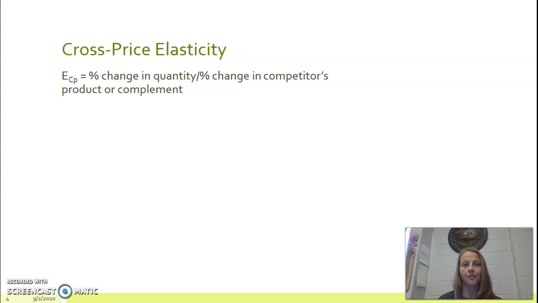We can also look at something that is called cross-price elasticity. And this looks at what is the change in quantity demanded if a competitor's product changes. So let's look at an example.